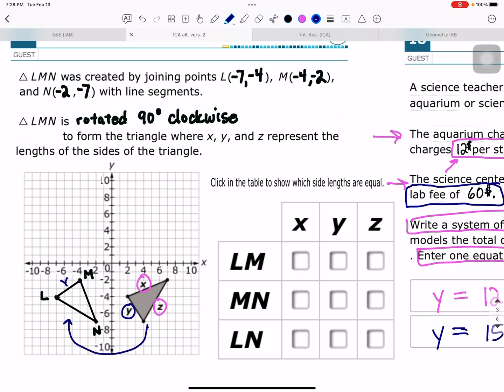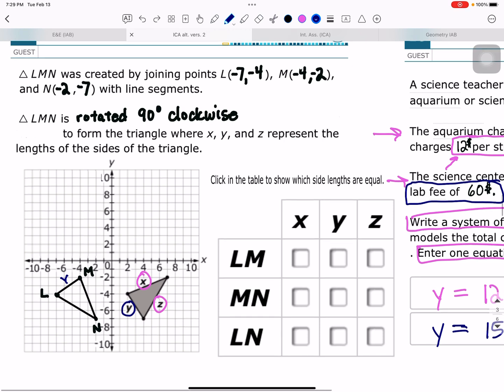So this rotates to there, and this rotates to there. So the LM side is Y. Let's put a check there.